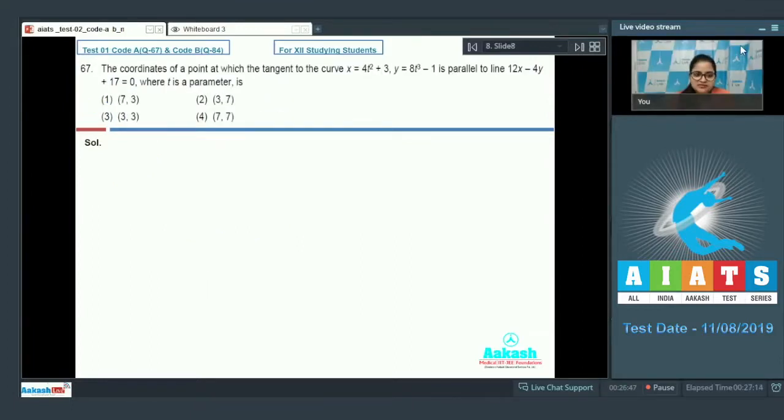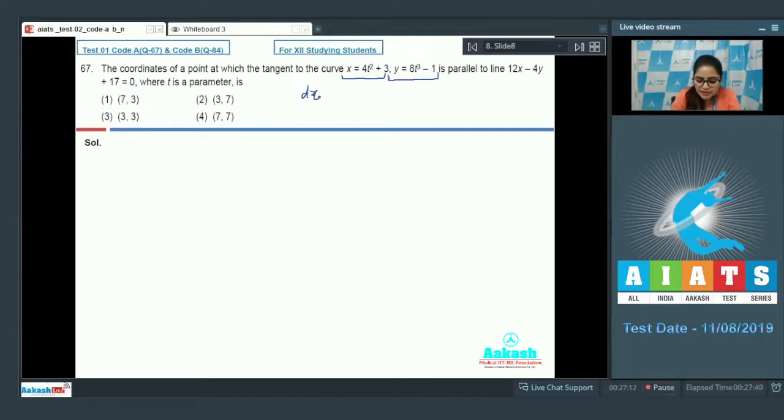Question number 67. The coordinates of a point at which the tangent to the curve x equal to 4t square plus 3, y equal to 8t cube minus 1 is parallel to the line 12x minus 4y plus 17 equal to 0. So your curve is given in parametric form. First of all, differentiate x with respect to t and y with respect to t.